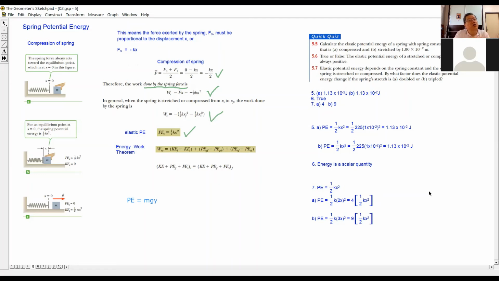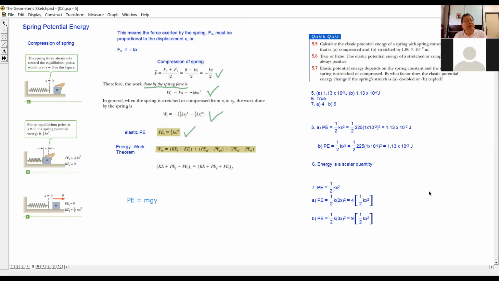Or let's say I do the same thing, but this time I stretch it over a distance of 2x instead of x. So I'm doubling the displacement, the stretching of the spring. So in what way is the energy in the second case related to the energy in the first case?